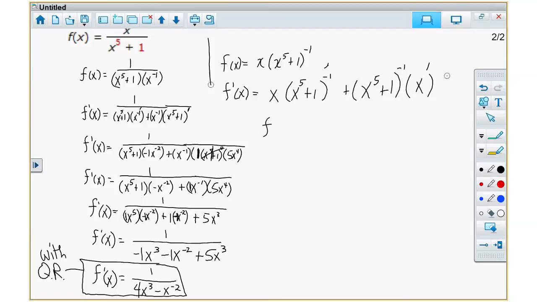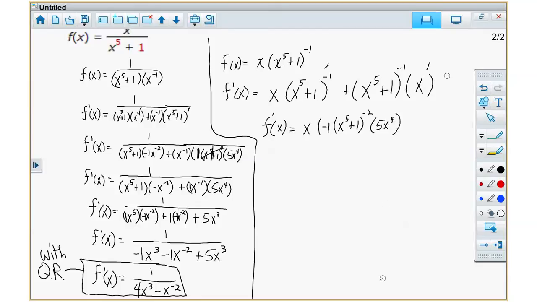F prime of x is equal to x to the negative 1 times x to the 5th plus 1 to the negative 2 times 5x to the what? 4th. And that's the quotient rule. I mean, not quotient rule, chain rule. There's this term right here.